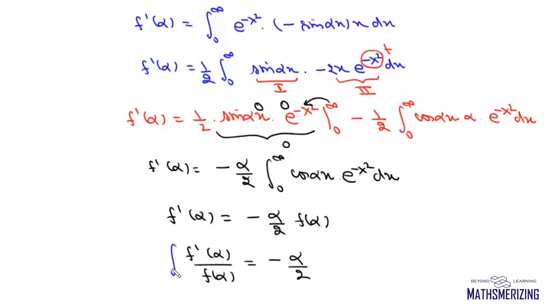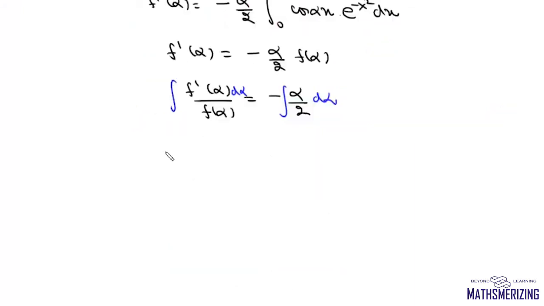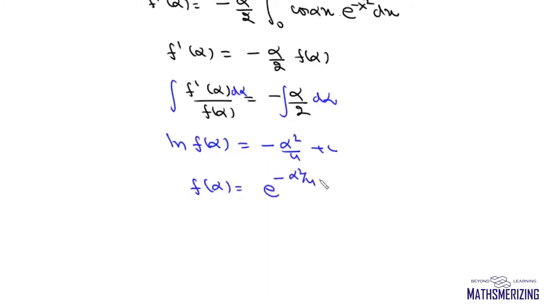Now we'll integrate it with respect to alpha. So now it'll be log f(alpha), then the integral of alpha will be alpha square by 2, so it'll be minus alpha square by 4 plus c.